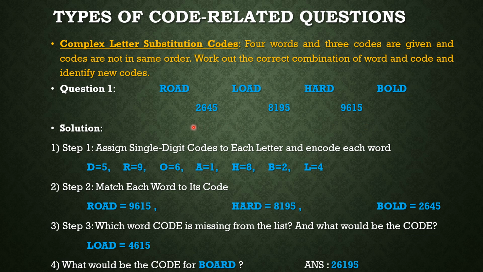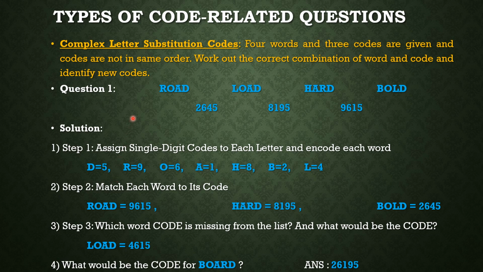The very common thing is to look for a specific character which is coming multiple times. If we look at this particular question, the letter D is coming at the end of every single word. That way we can identify that the number 5 is D. So we'll write it down first here.